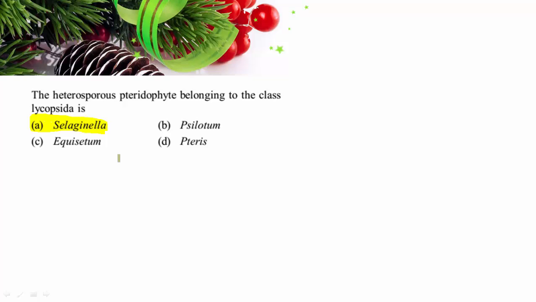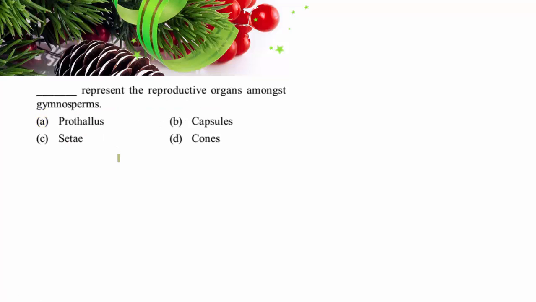When the plant is heterophyllous, where the stem is covered by two different types of leaves, microphylls and megaphylls, the plant is generally heterosporous, producing microspores and megaspores, and the example is Selaginella. Xylotum belongs to Psilopsida, Equisetum belongs to Sphenopsida, and Pteris belongs to Pteropsida. Therefore, the only correct answer belonging to Lycopsida is Selaginella.